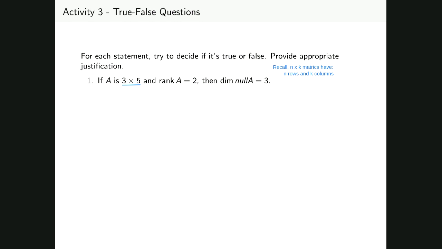So let's look at an example of a matrix with rank A equals 2. Right, so we start off with a leading 1. Another leading 1.